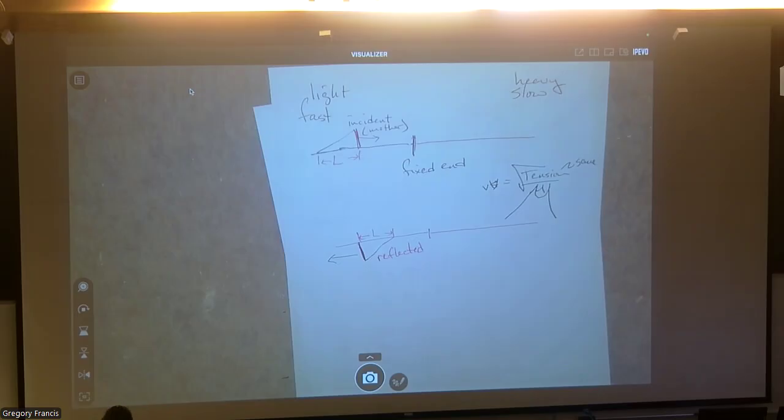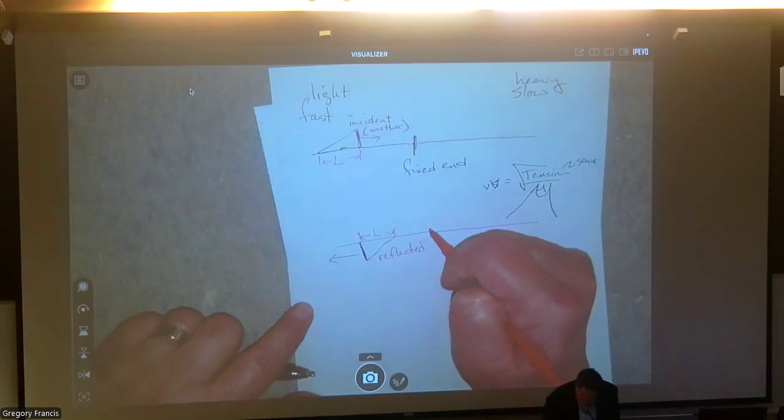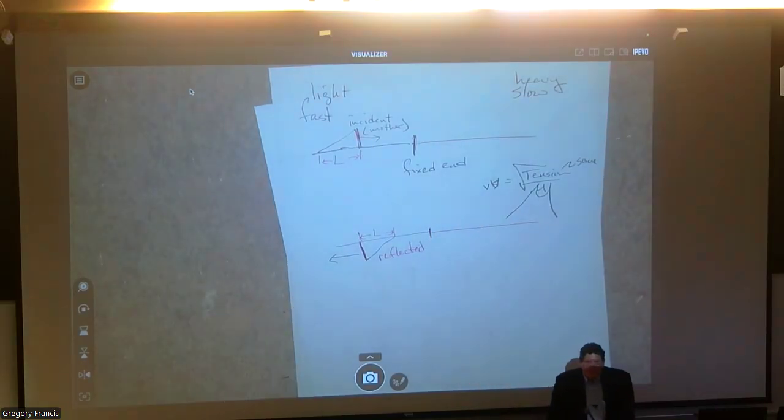Now, what do we say about this transmitted pulse? Where should I draw it relative to the boundary? And how wide should it be? Yes, sir. It should be on the same side as the incident pulse. It should be smaller, and how close to the boundary?